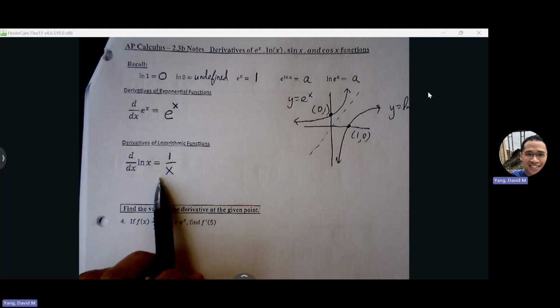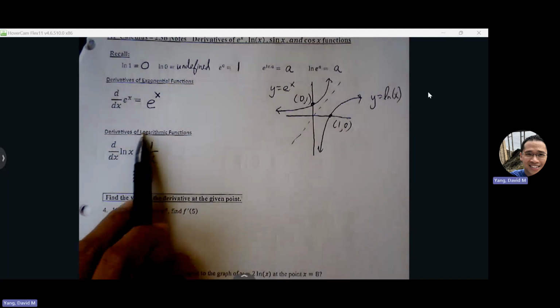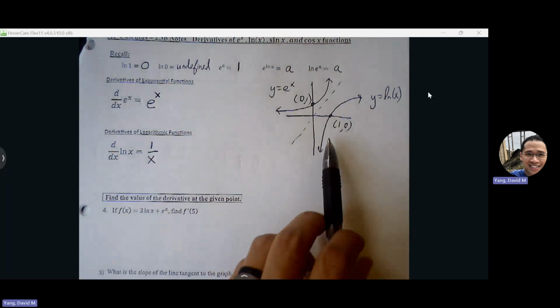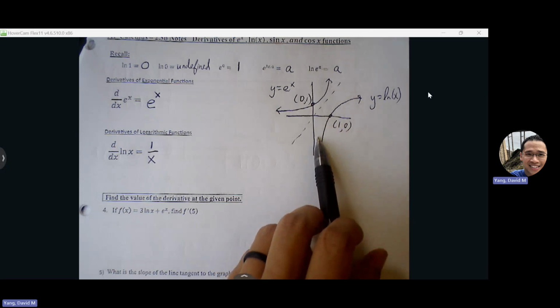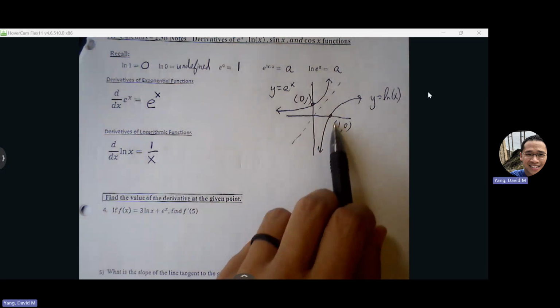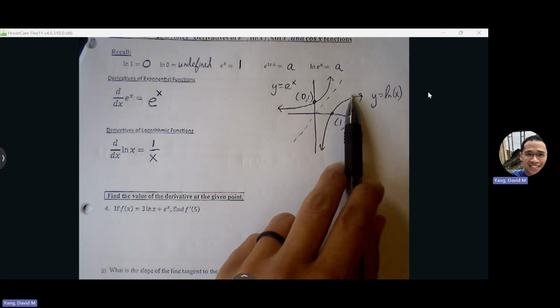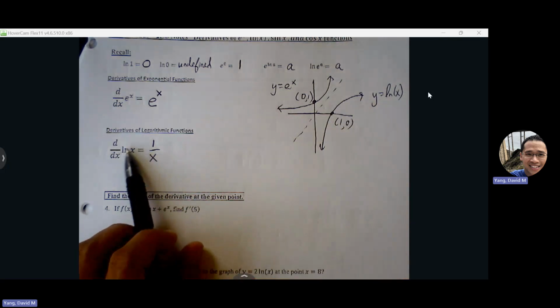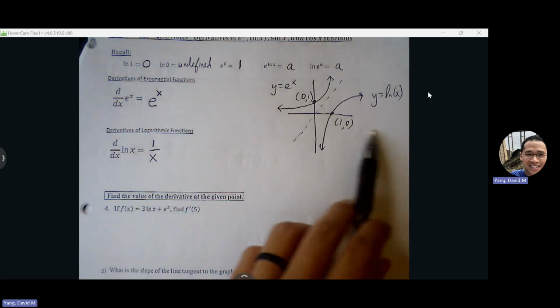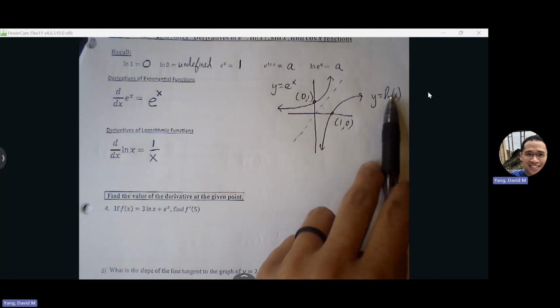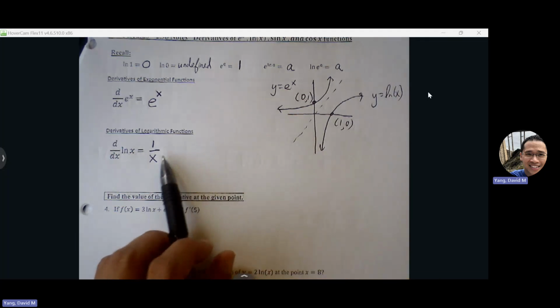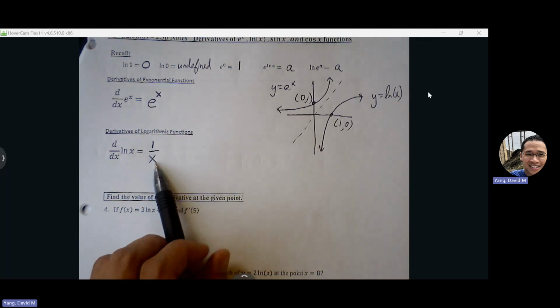So if I insert any x value into 1 over x, it tells me the slope of this natural log of x. We can tell that natural log of x is really steep initially, but then it gets very gradual, though it stays positive. So if I look at natural log of 8, it will be over here. You can tell the slope is barely positive, and that's represented by the derivative, which is 1 over 8.